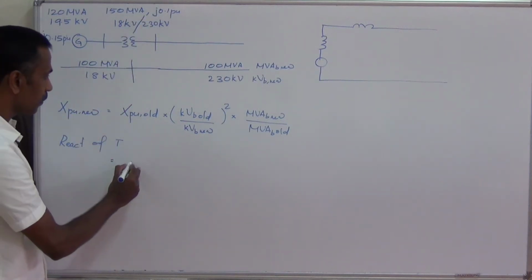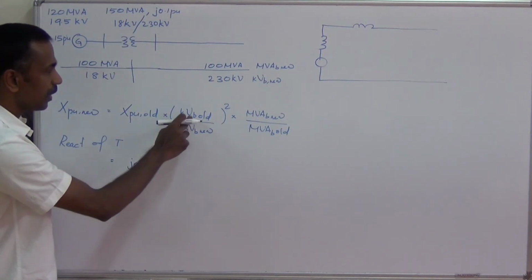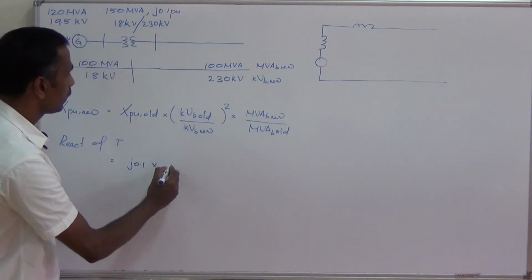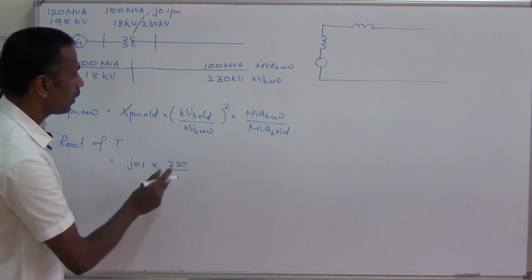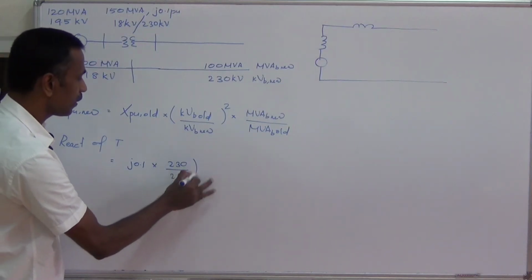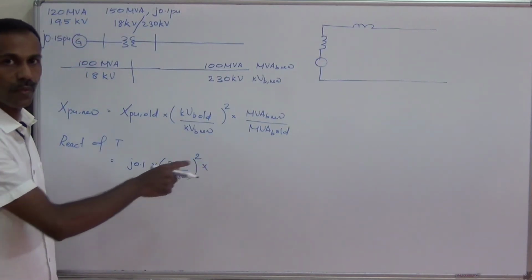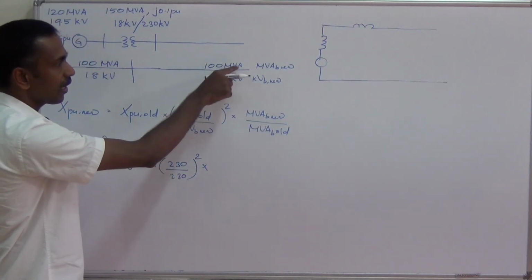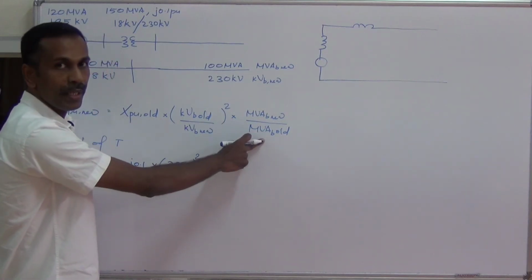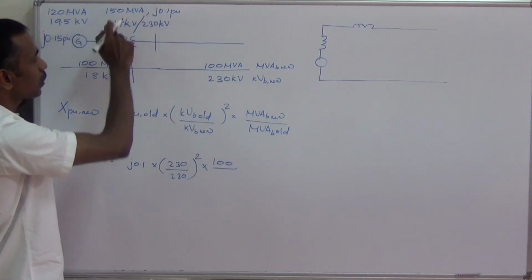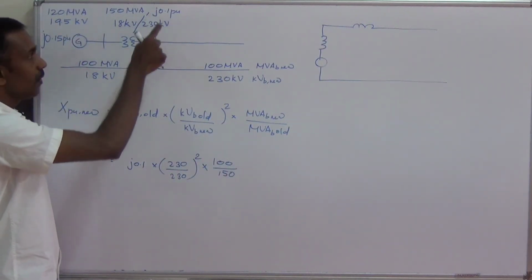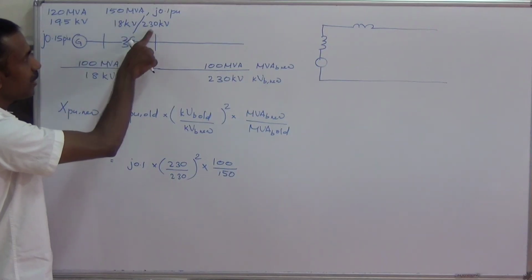What is X per unit old of the transformer? j0.1 into kVb old, which is the rating of the transformer, 230, divided by kVb new. This is our kVb new. This is also 230, the whole square, into, what is the MVAb new? This is 100 MVA throughout this power system, divided by MVAb old, the rating of this transformer, 150. Because this per unit reactance is given with a base of 150 MVA and 230 kV.